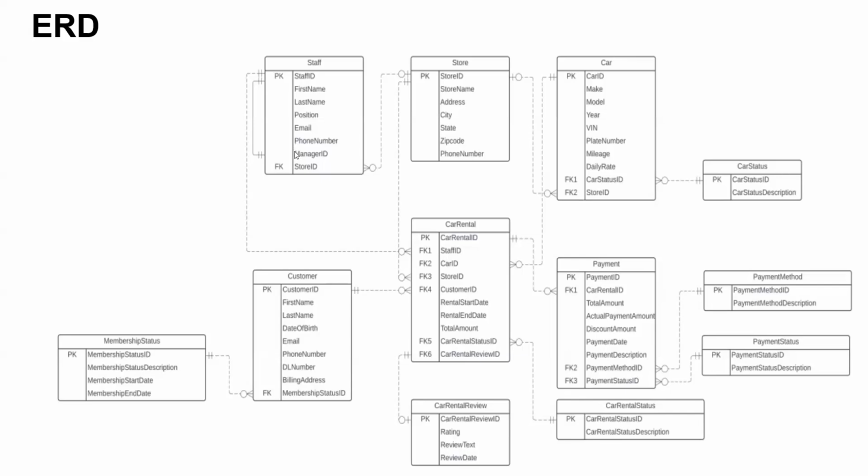So you will be my manager. So when I join staff with staff by joining manager ID equals to staff ID, the result of that SQL output will show that you are my manager, because my manager ID is your staff ID.